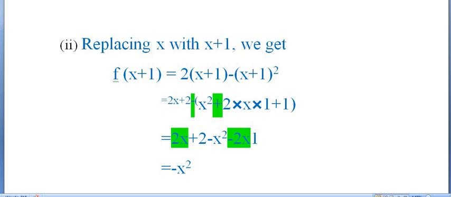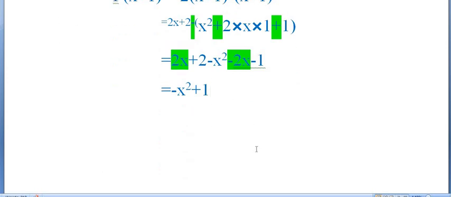Whoever may have found it out, if there is a mistake, I have to say minus x squared minus 2x minus 1, because minus into plus is minus. So it is minus x squared. Then what will you write here? Plus 2 minus 1, so we get the answer plus 1. So minus x squared plus 1.